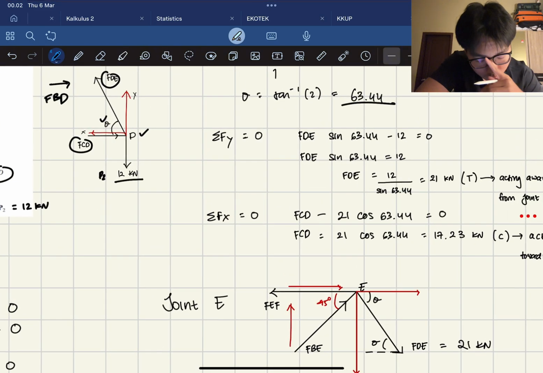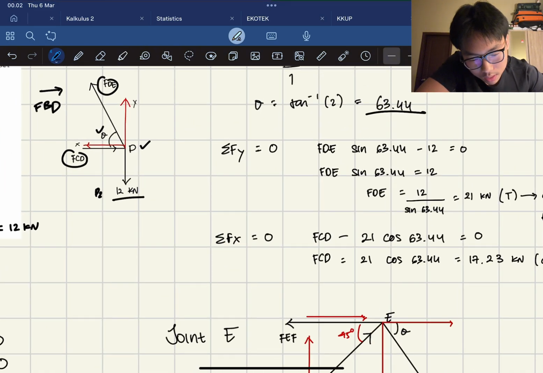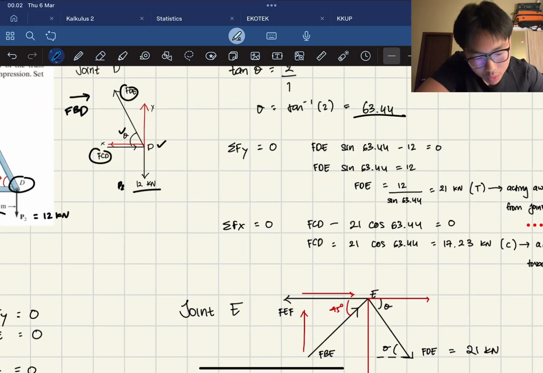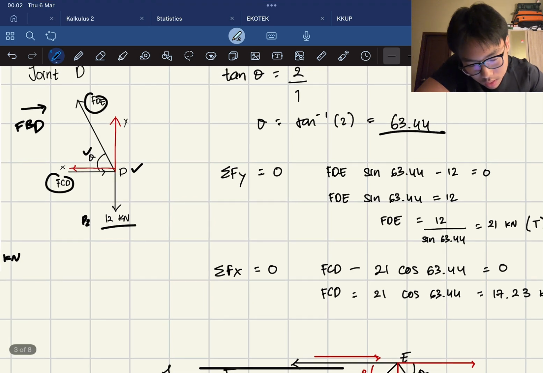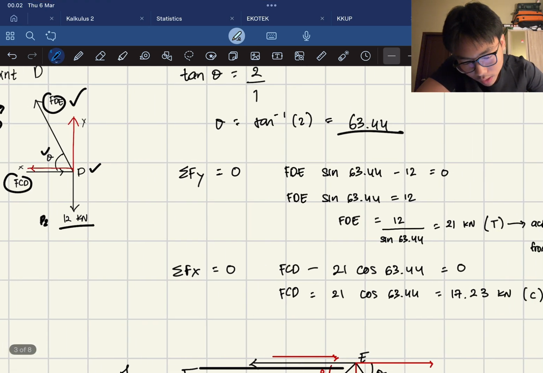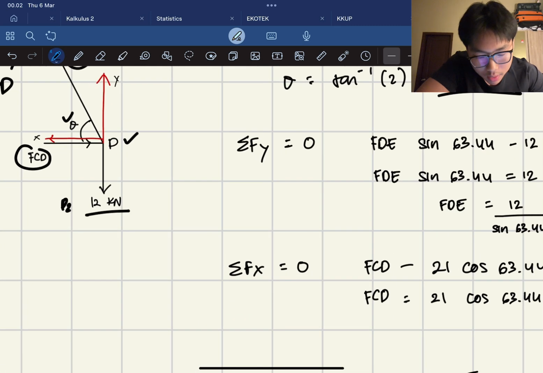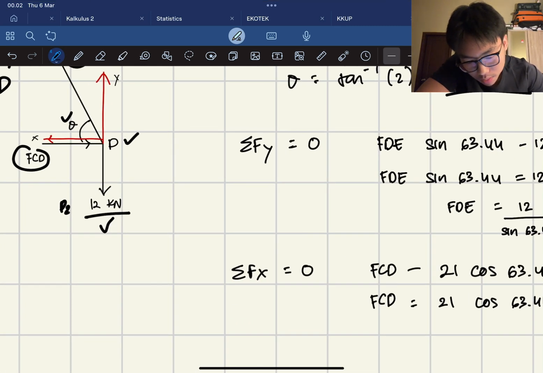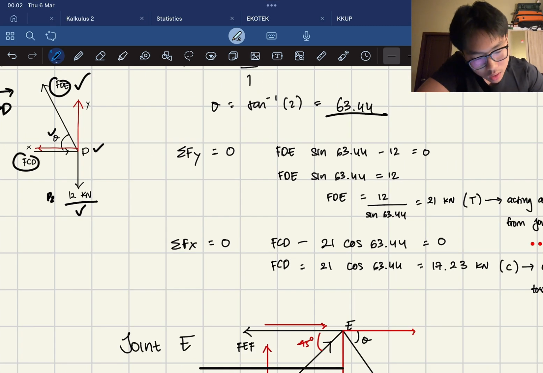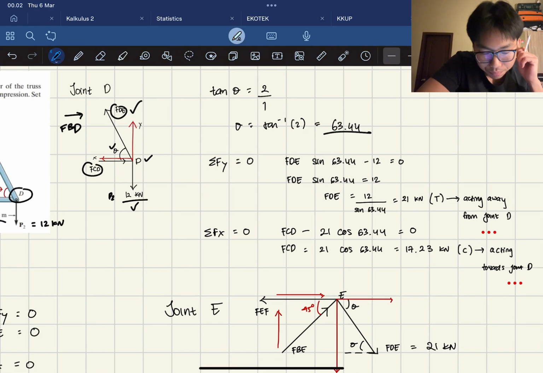And then we calculate sigma Fy equals 0. In this case, the y-axis force is FDE. So the formula would be FDE sin theta, which is 63.44, minus 12 equals 0.